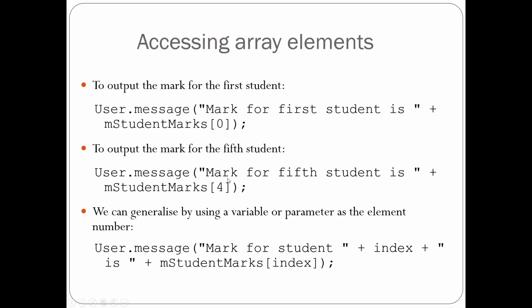We could output the last element at position 4 using a string, and then using a plus concatenator with mStudentMarks 4. Or, as you're going to see a little bit later on, we can even replace the number with a variable. In this case we say mStudentMarks at position index.